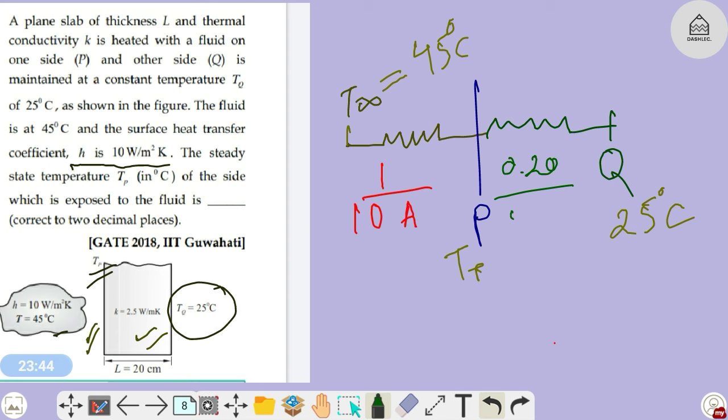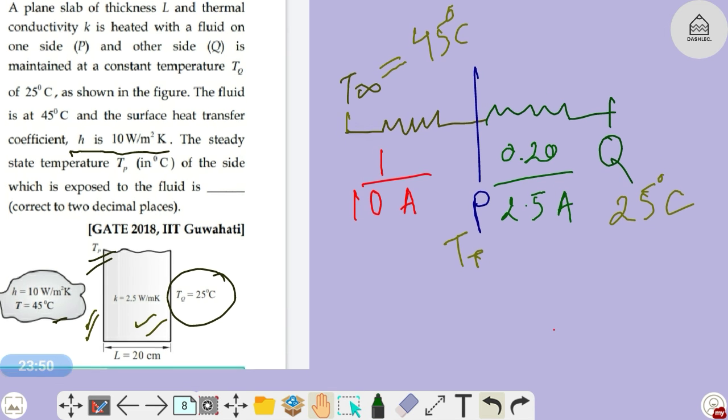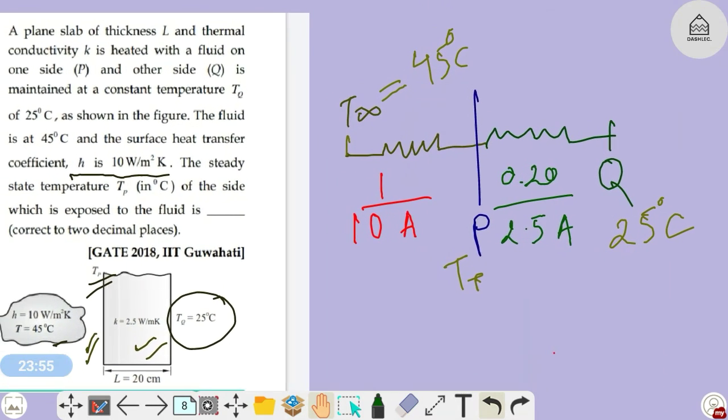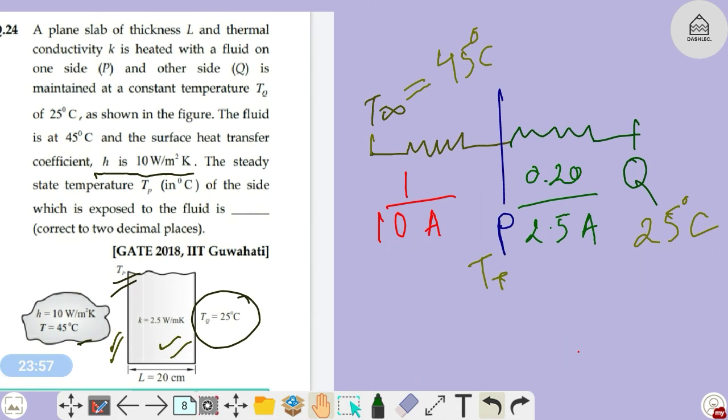K is 22.5 A. The same thing that I did in the last question, but I will do it again.